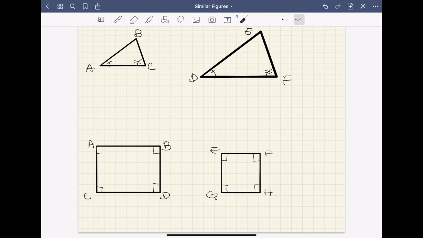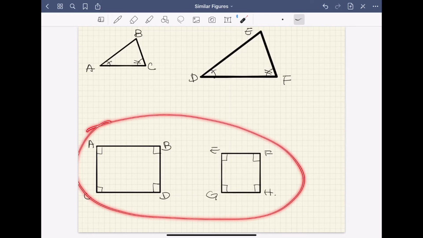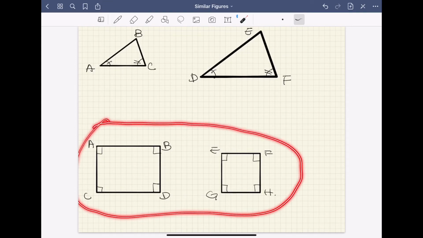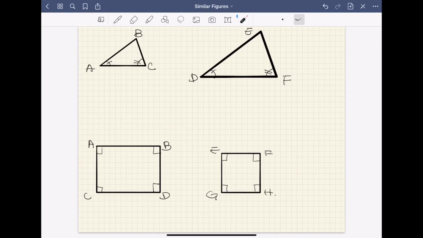They're not similar. So for polygons, you would always need to make sure that they satisfy both conditions, that the corresponding angles are equal and the corresponding sides are proportional. If they don't satisfy both, then you might end up with a situation like this, where all the angles are equal, but they're not similar.